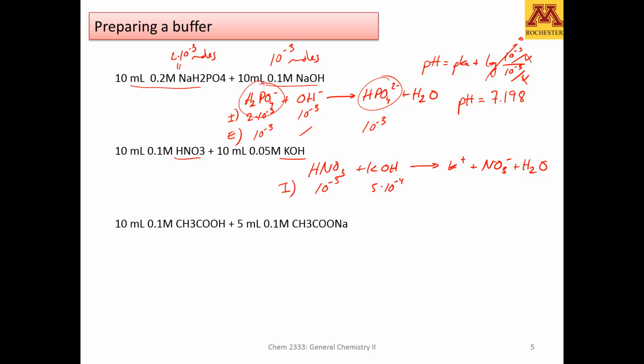I'm going a little fast here, but notice that none of these are weak acids or weak bases, so no buffer for you. If it's not a weak acid and its conjugate weak base, you will not be able to form a buffer. That's important to understand, because with exclusively strong acids you cannot form a buffer.